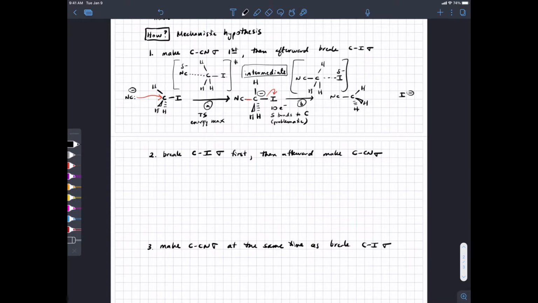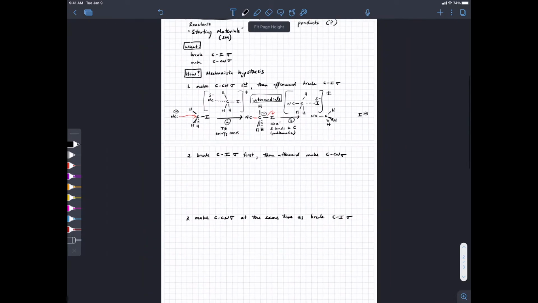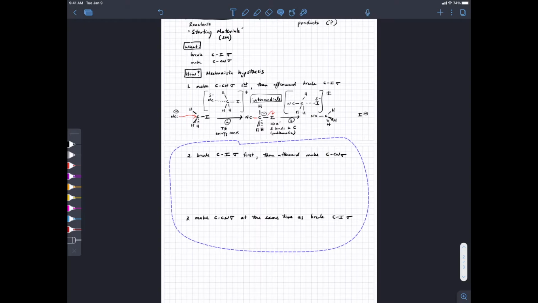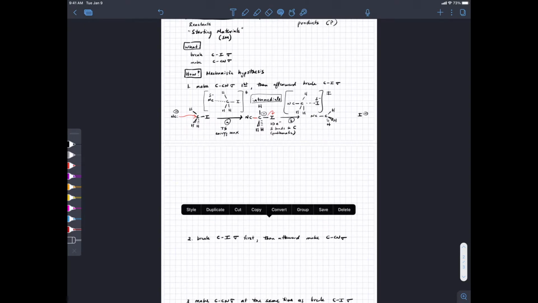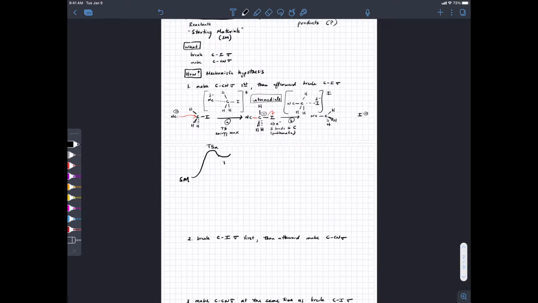This would be the second transition state. And we could propose an energy diagram for that mechanism. You start out at starting materials, you go through some high energy transition state A, you get an intermediate I, and then you go through transition state B to get to products.